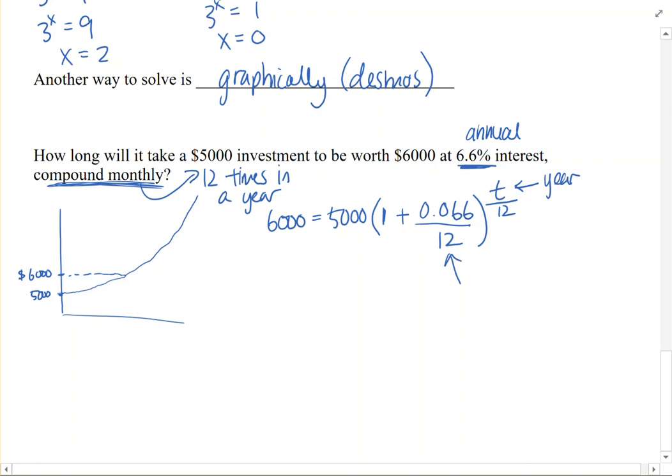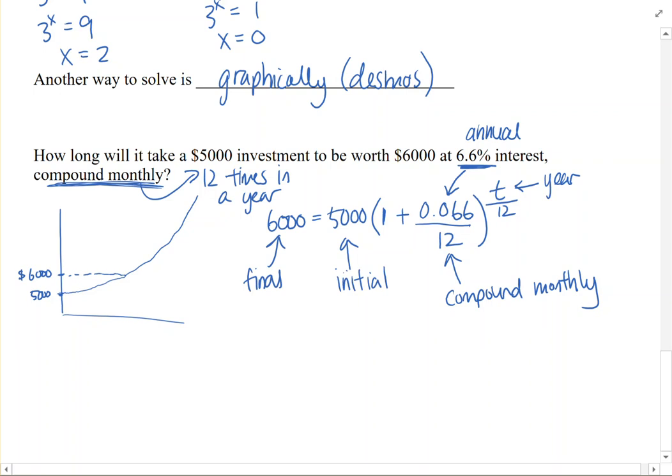The 12 here is compounded monthly. The 0.066 is just the interest, which we just mentioned. This is your initial, and here is your final.